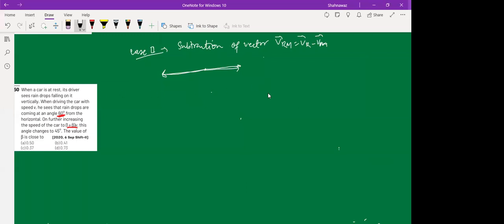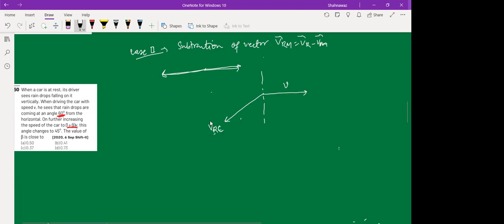So the car is moving in this direction. This is V of car. And the rain appears to be pouring like this. This is the relative velocity of rain with respect to car.